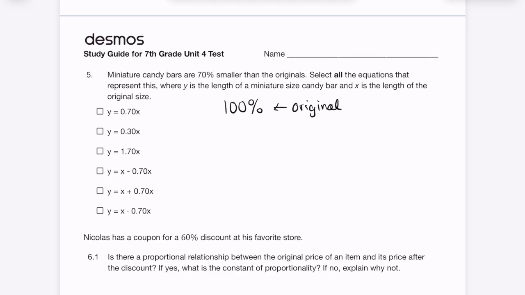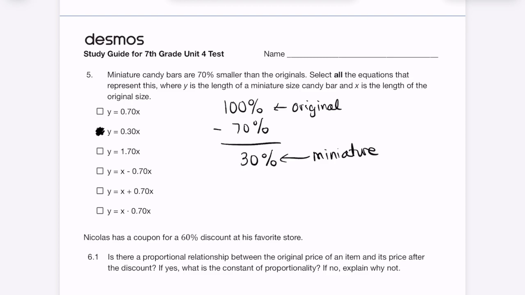And then my miniature candy bars, they're 70% smaller. So that means that my miniature is only 30% of the original size. So that means this is going to be one of my correct equations.